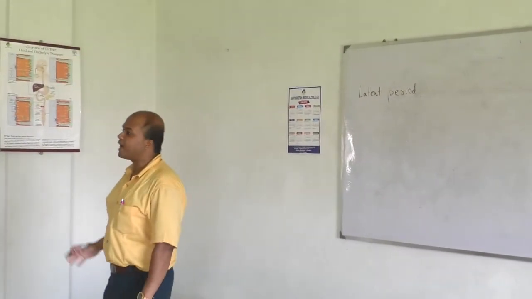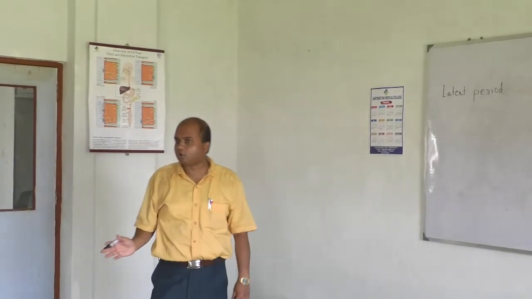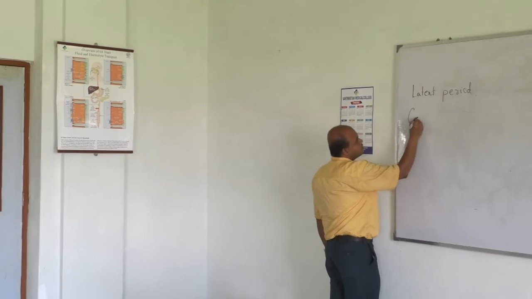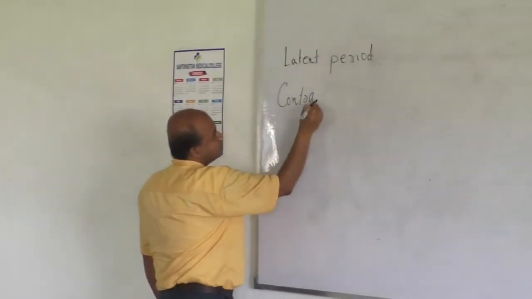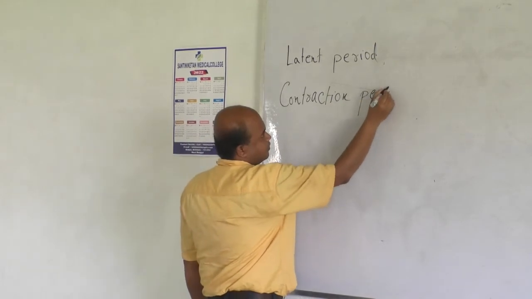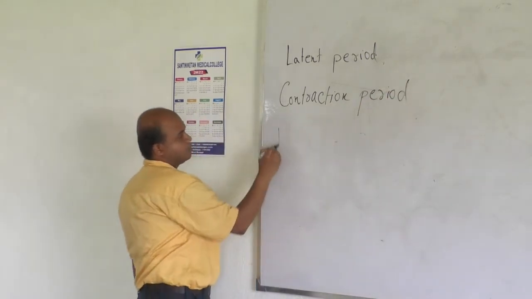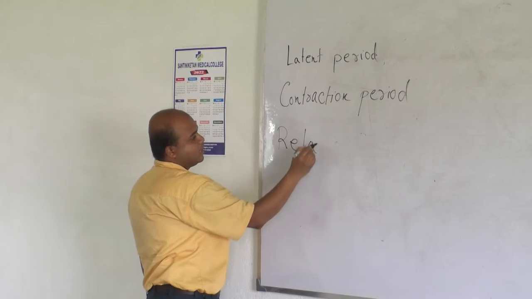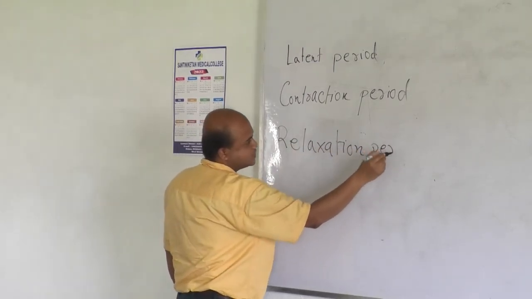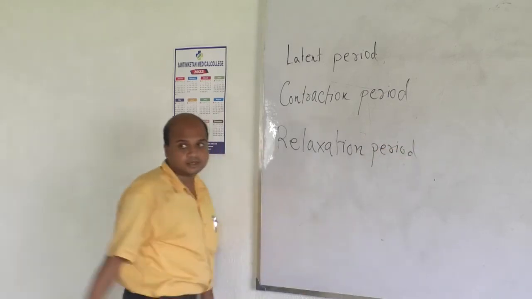Latent means hidden. Actual muscle contraction is not occurring. And then the muscle will be contracting, and then the muscle will again relax. So this is the relaxation.